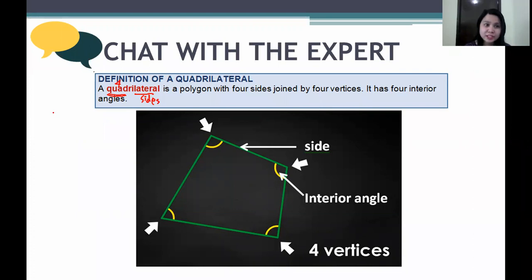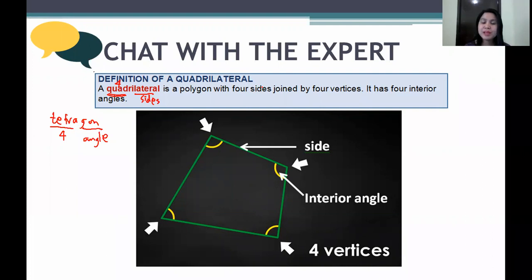In polygons, we can also call it a tetragon. Tetra means 4, and gon means angle. So tetragon is the same as quadrilateral. 4 angles and 4 sides.